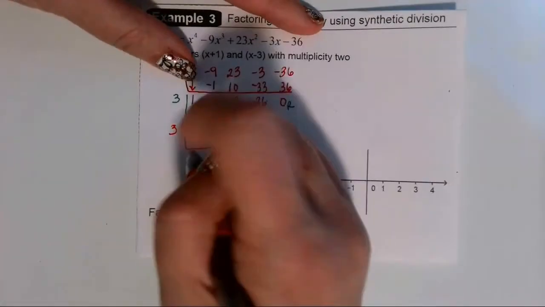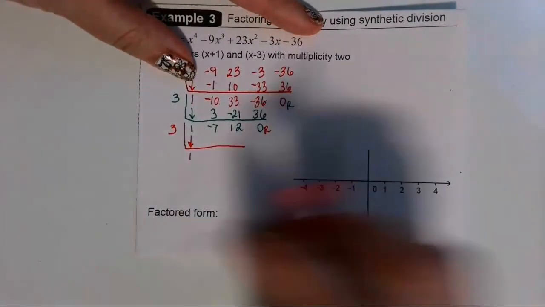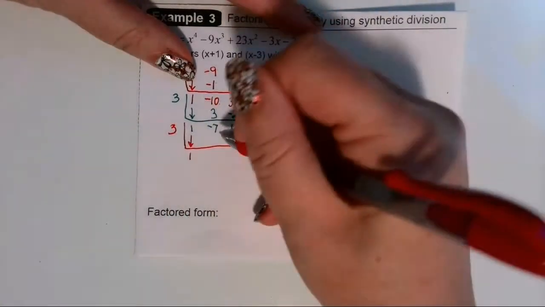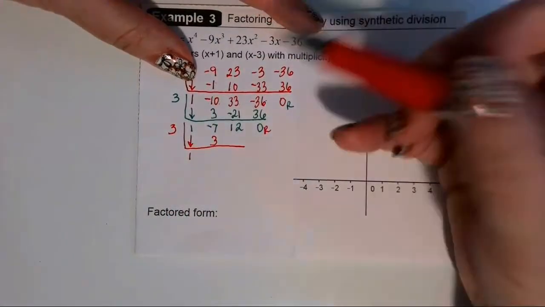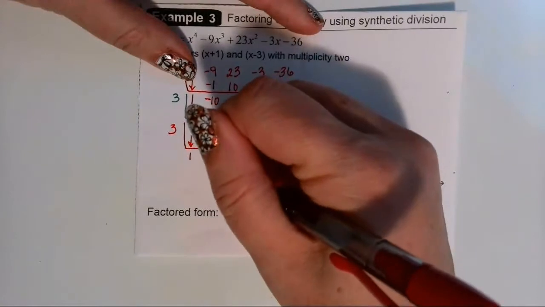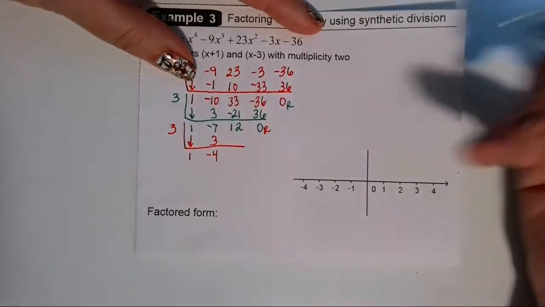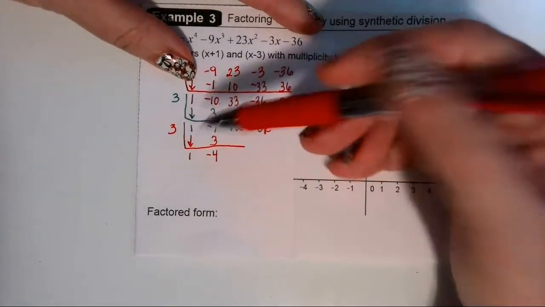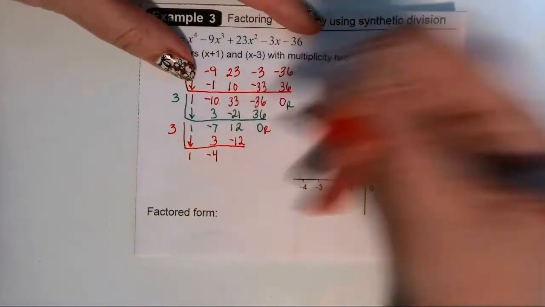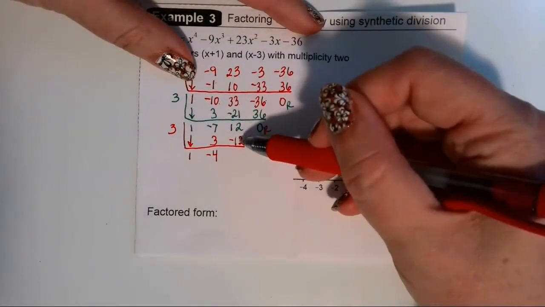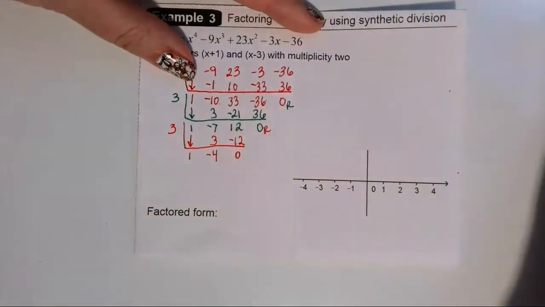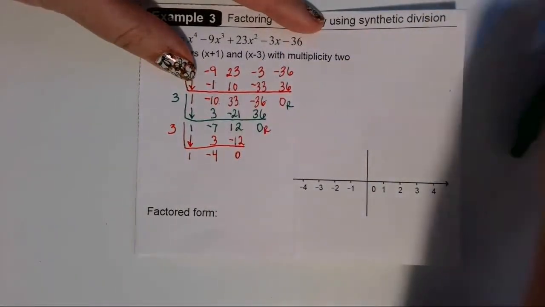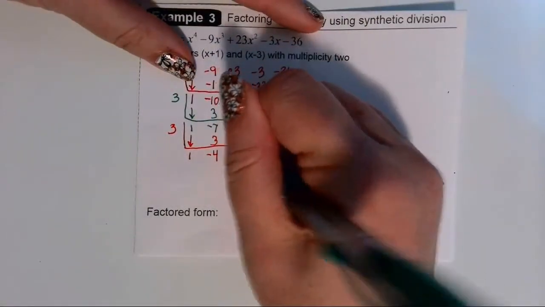So I bring down my first term. That's a 1. I multiply. 1 times 3 is 3. Then I'm going to add. -7 plus 3 is -4. Then I multiply. -4 times 3 is -12. Then I add. 12 plus -12 is 0. And that 0, again, is the remainder.